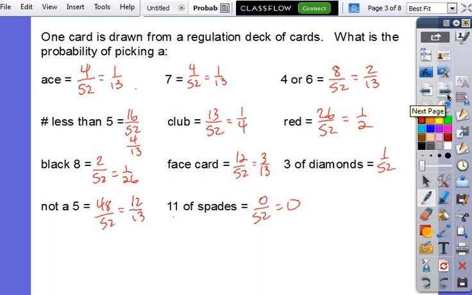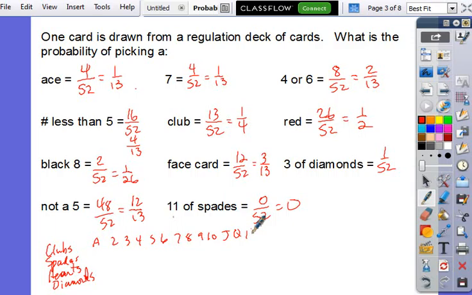You know you got clubs, spades, hearts, and diamonds, and you got that for all of them.